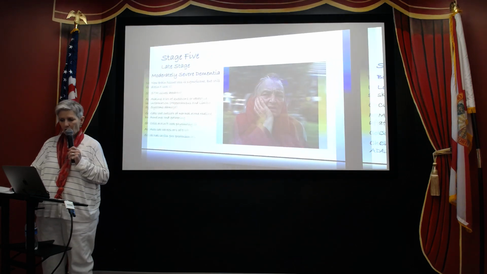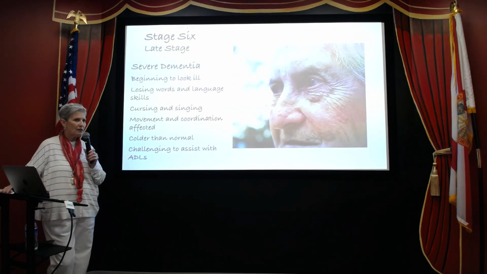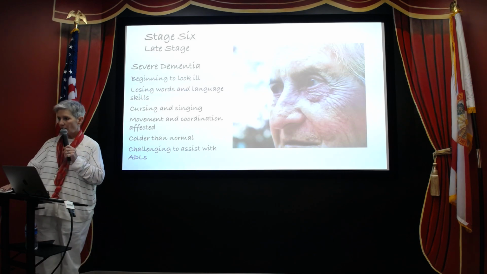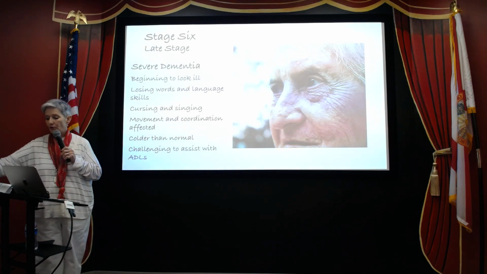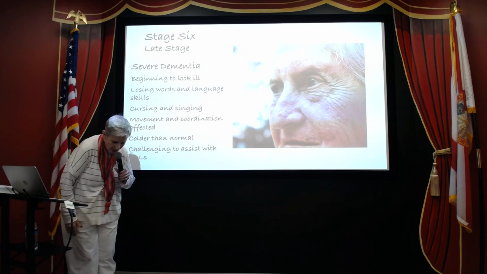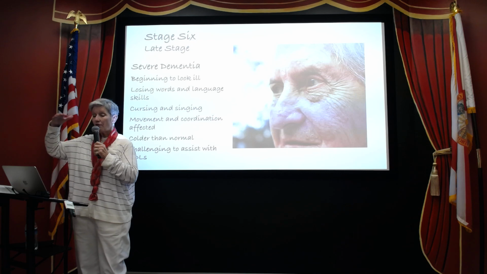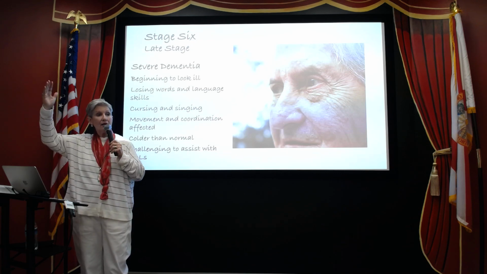Stage 6, the person finally looks ill. And this is the first time that it is now evident that a stranger meeting them would say that they look ill. They have gone from being able to stand and walk and move to where they're now bent and they're shuffling. Their fall risk goes up, and understand the fall risk goes up all the way to bedbound.